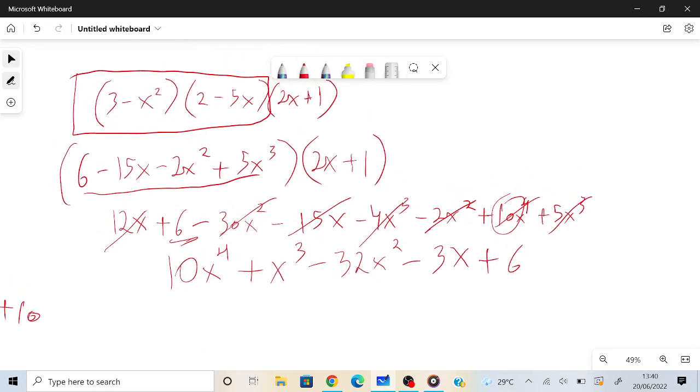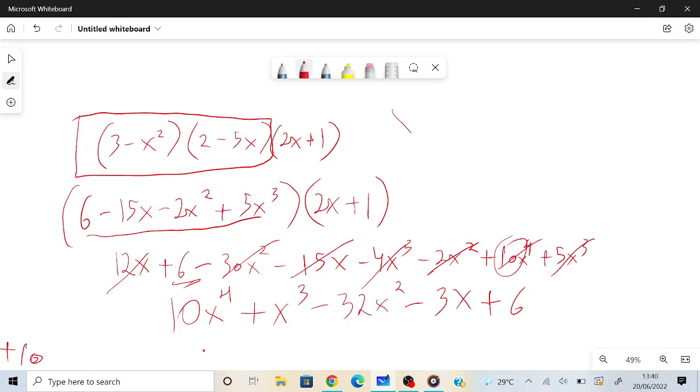And again, finally, to check your answer, we can say let x be 2. Put this 2 into the original expression, so let's do that quickly. 3 minus 2 squared, that's minus 1. 2 minus 5 into 2, that's minus 8.